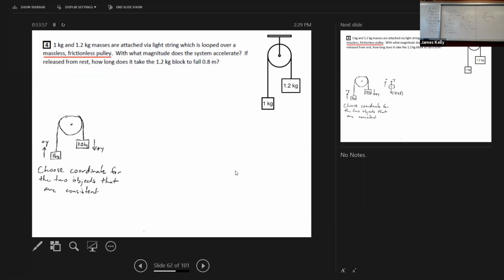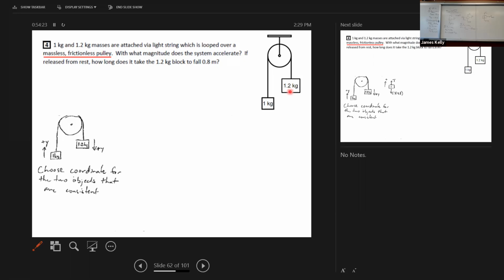Okay, now the process here is important, so let's just review this at a high level. In this case, we've got these 2 objects looped over the pulley, idealized string, light string. And we want to know the acceleration. Then there's a little kinematics problem tacked on to the end. Both of these things are going to accelerate at the same rate, but not in the same direction.